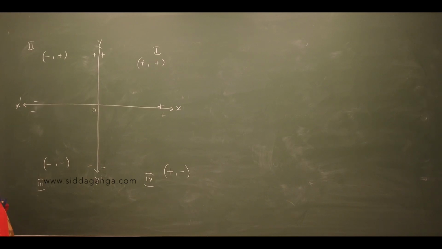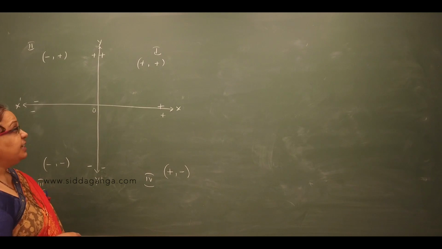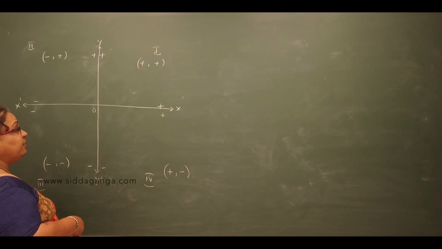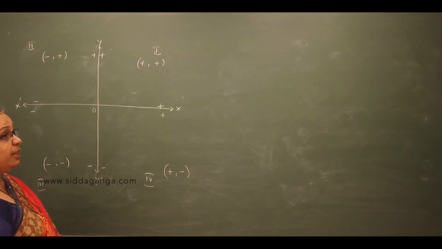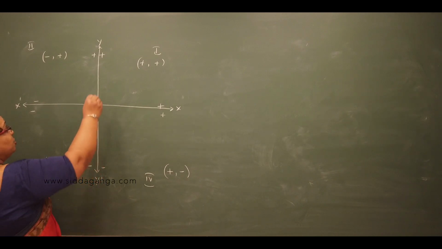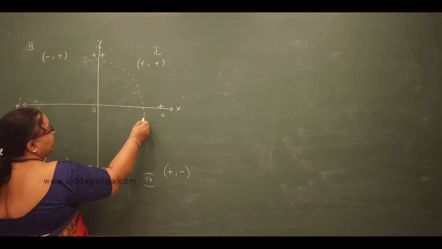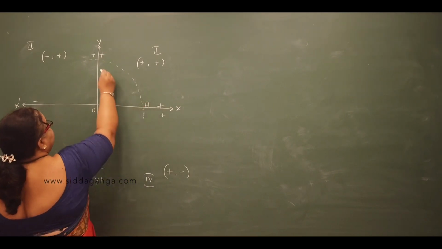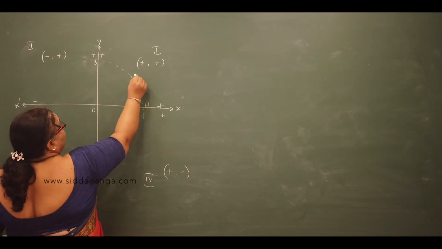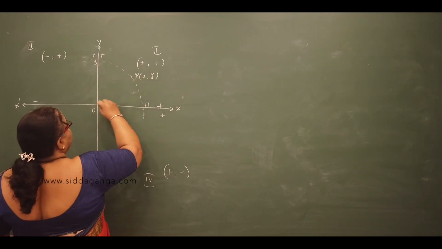So here, according to the quadrant rule, if the point lies in the first quadrant, then we have both x and y as positive. This is according to analytical geometry. We have to consider a circle. Let it cut the x-axis at A and y-axis at B. Now you take a point P on the arc AB whose coordinates are x, y.